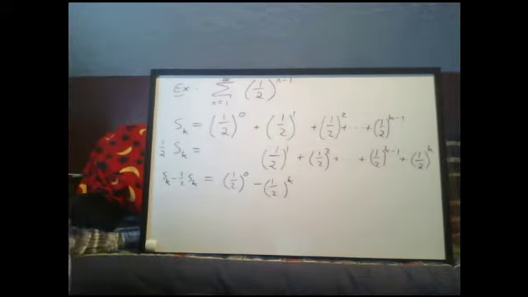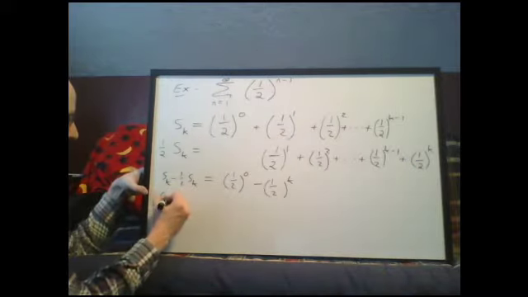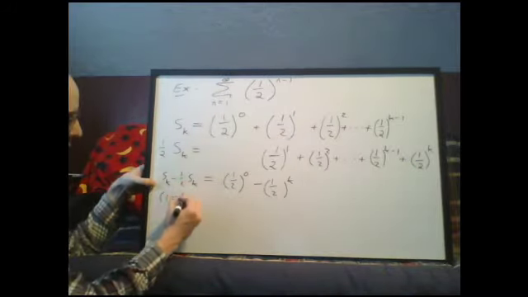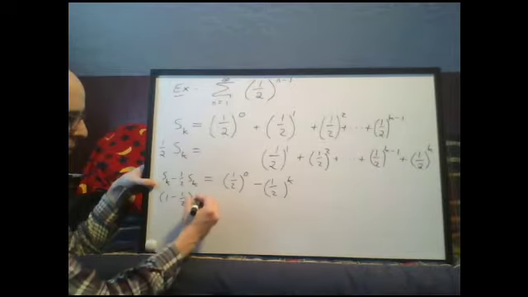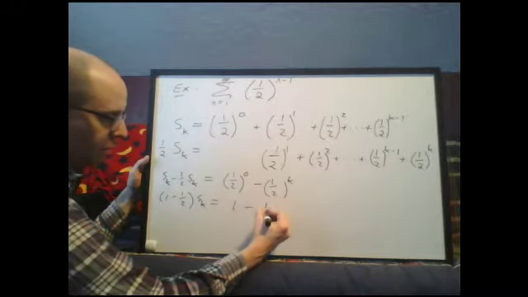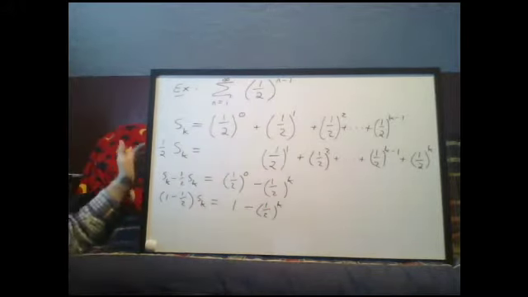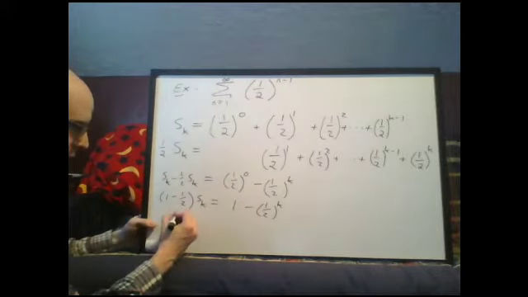Okay, so let's clean this up a little bit. Here, I can factor out S_k. That leaves me with (1 minus 1/2) times S_k equals 1 minus 1/2 to the k. So 1 minus 1/2 is 1/2.